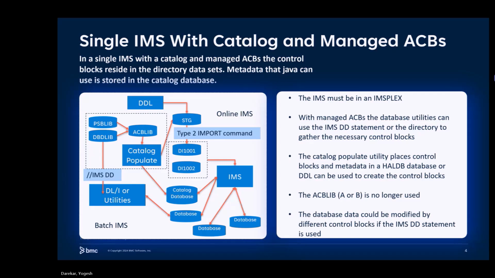Now, at this point, you can still do an ACB gen, but they've also added a function to ACB gen called catalog populate. What this will do is automatically populate the catalog with your ACB and put it into what they call the staging library.